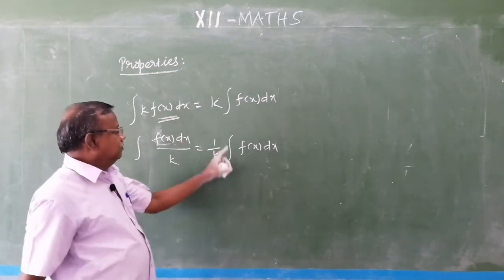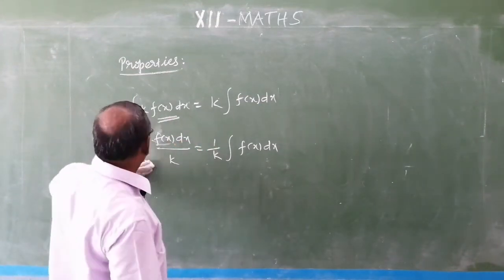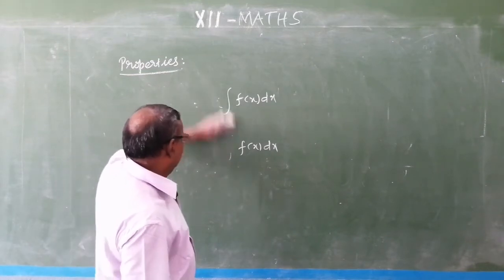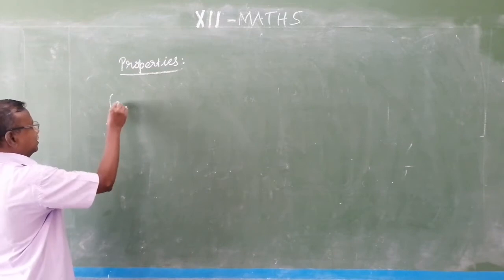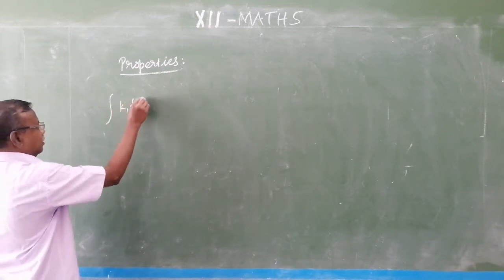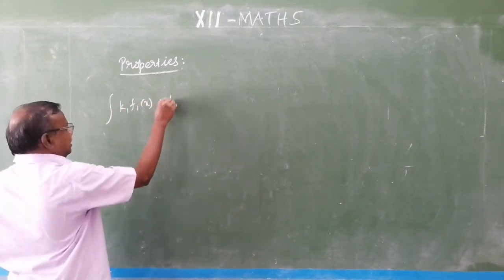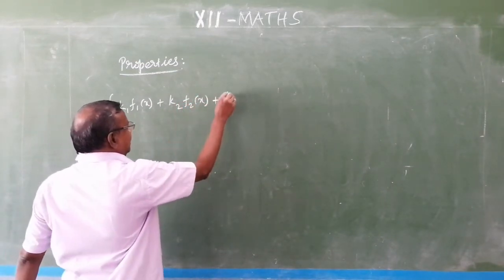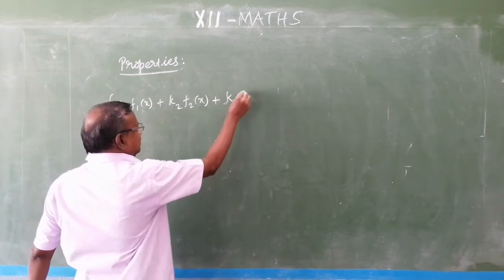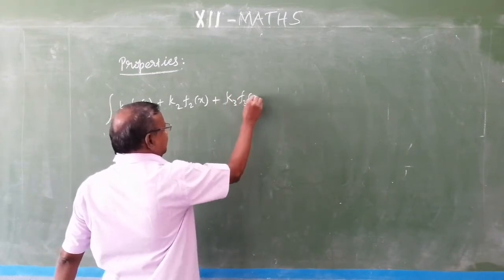So, we can write like this, and one more. That is integral of (k1 into f1 of x plus k2 into f2 of x plus k3 into f3 of x).